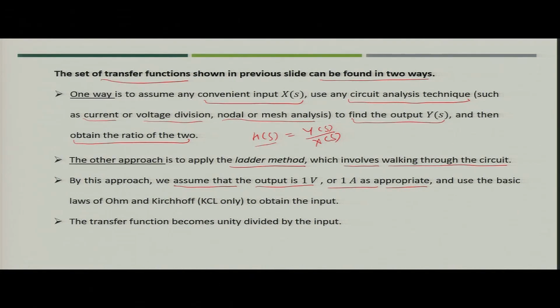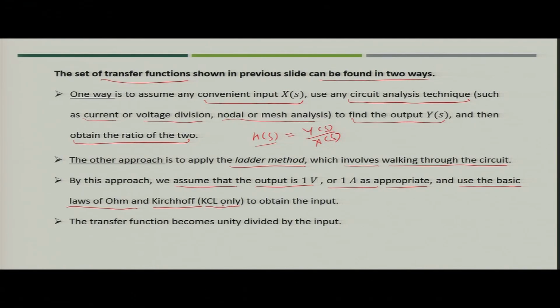The difference between the first approach and the second approach is that in the first approach we assume the input as known, for example unit step or something like that. But in the case of the ladder method, we first assume the output. So, we assume say 1 volt or 1 ampere as the output from the circuit, and then we use the basic laws of Ohm and Kirchhoff.